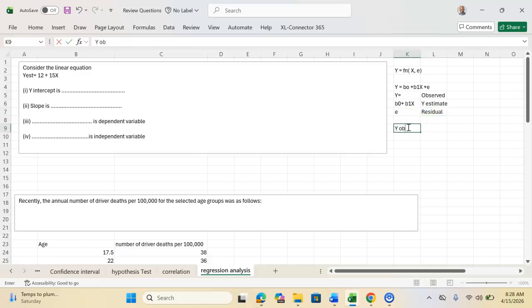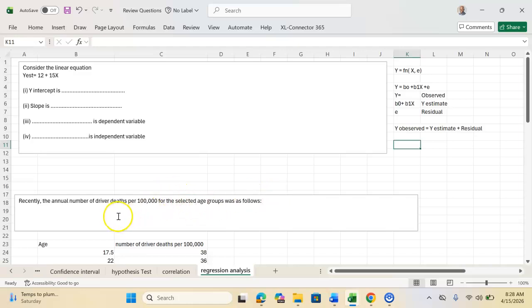Therefore, y observed equals y estimate plus residual. Okay, so that's more explanation about this first question, and I may ask you some questions on this as well.